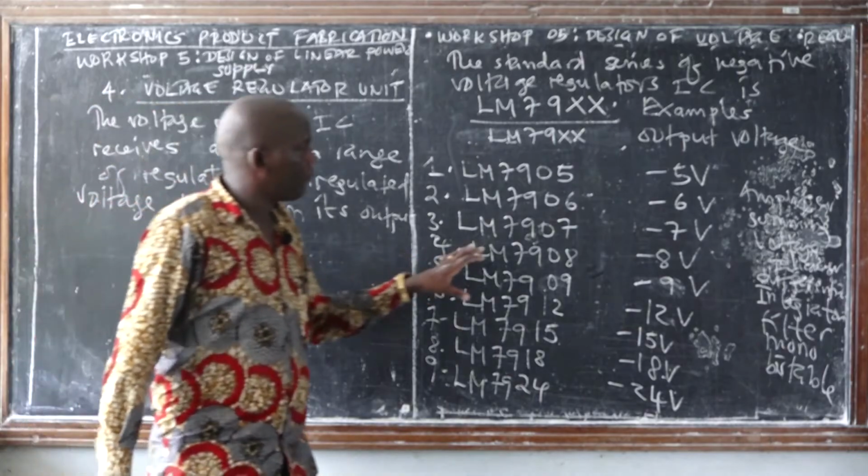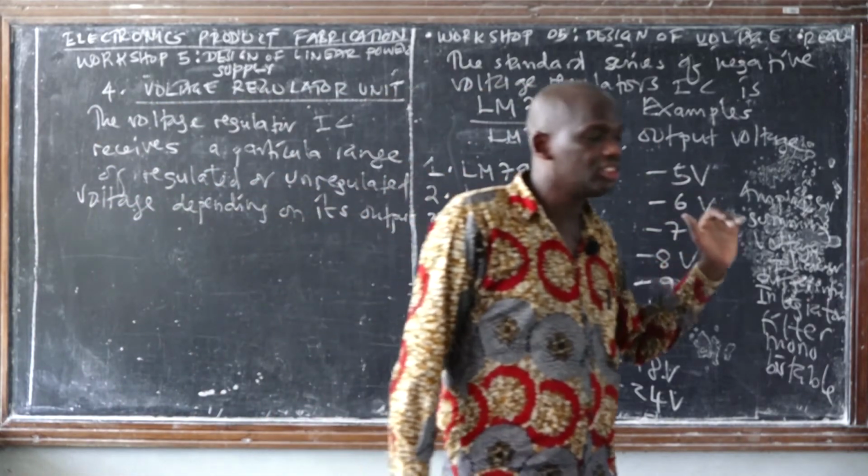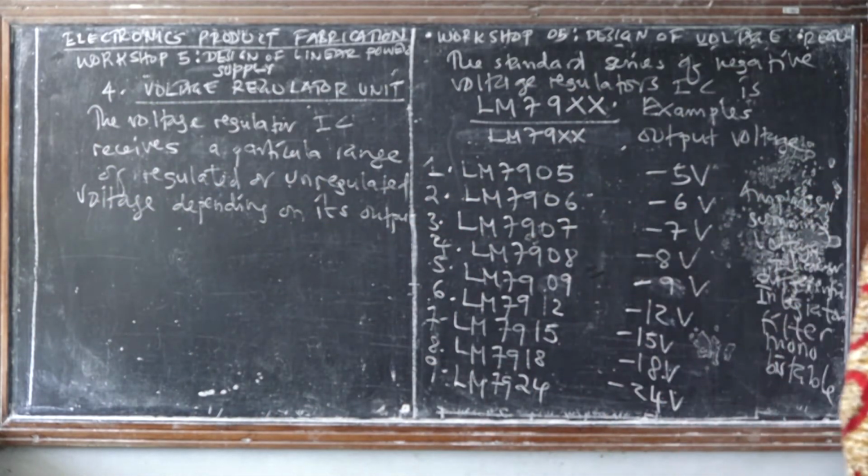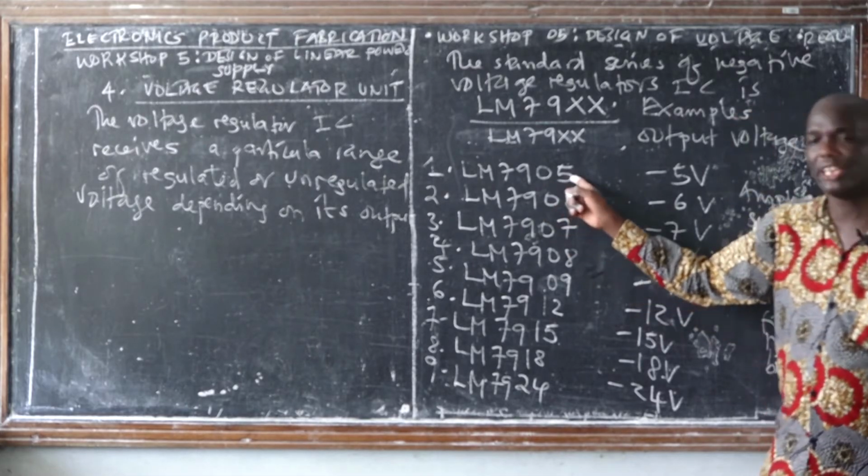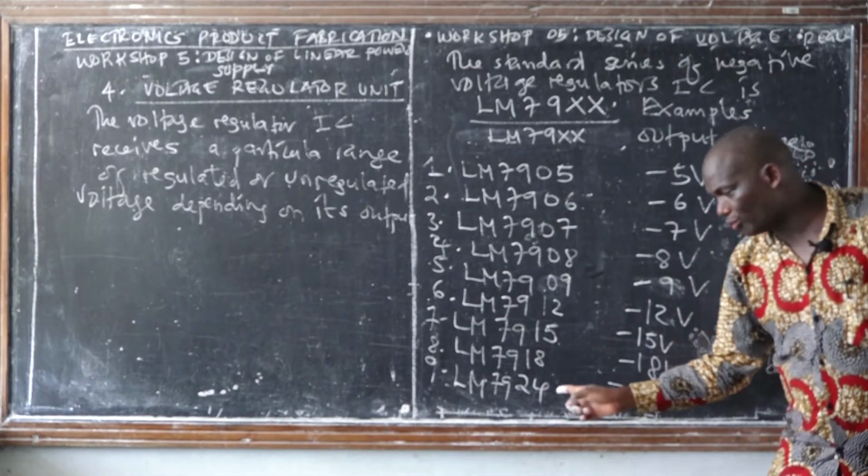So we have different types of voltage regulator ICs. But the range for the input of this voltage regulator is different from the range of this voltage regulator.